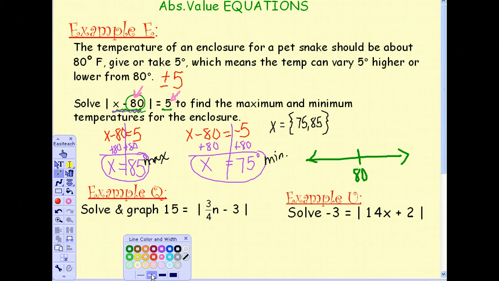So this is where we're going to put our numbers, our 75 and our 85, our solutions, on the number line. And we go ahead and put those dots on the 75 and the 85, our minimum temperature and the maximum temperature. So there's our solution. We have it as a solution set, and we graphed it.